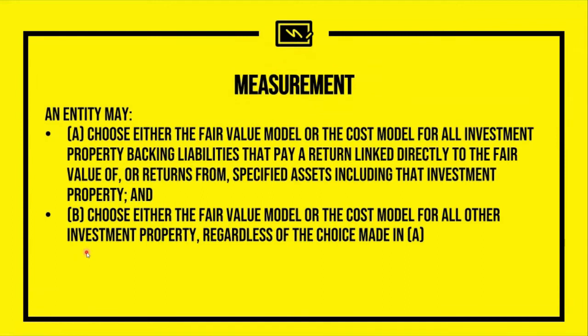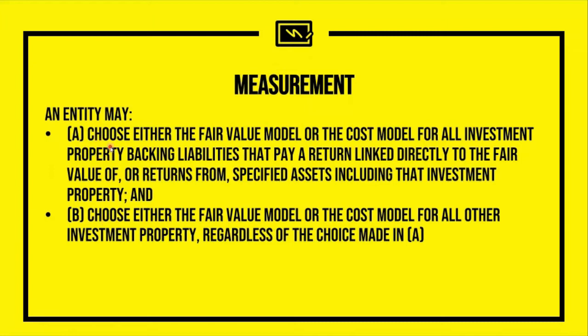Class A, or the first class, which is based on the requirement of letter A, and Class B, which is based on the requirement of letter B, or those that are other than those in letter A.